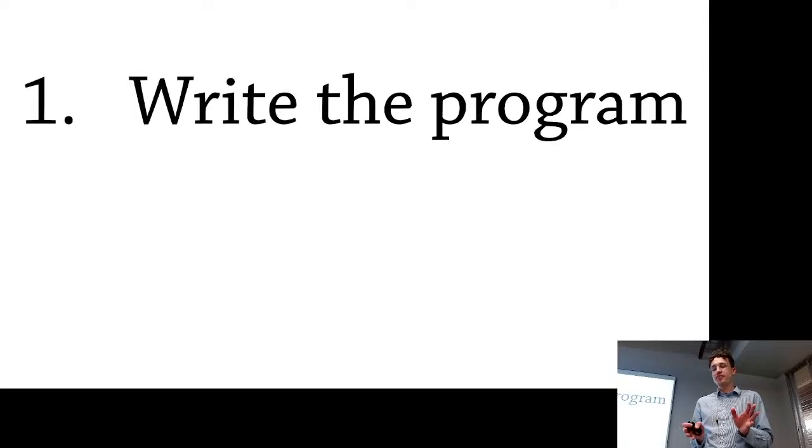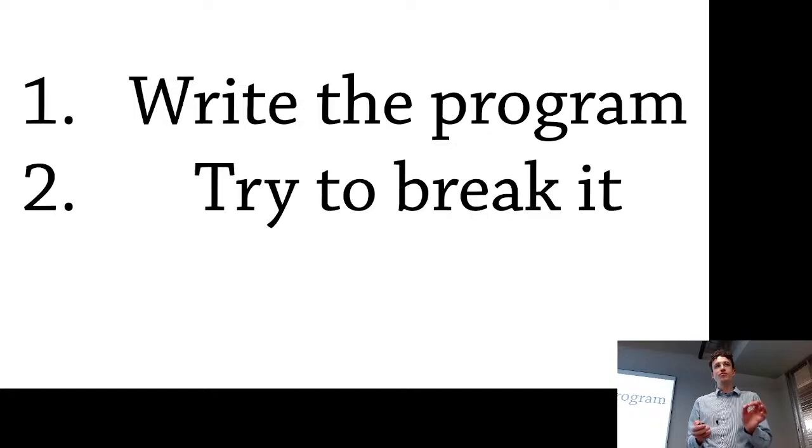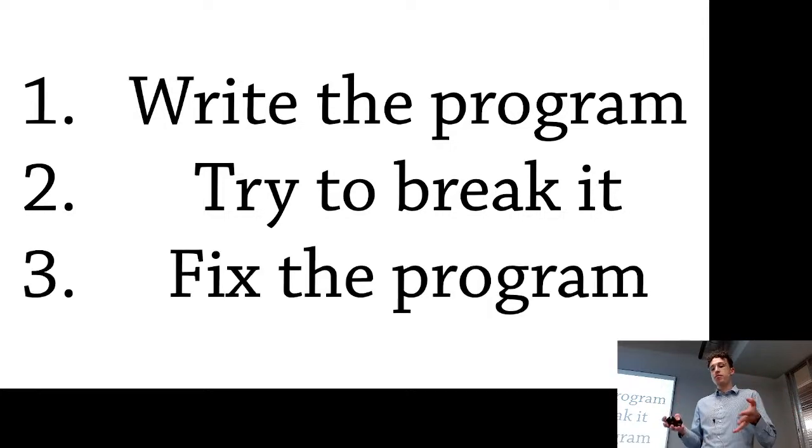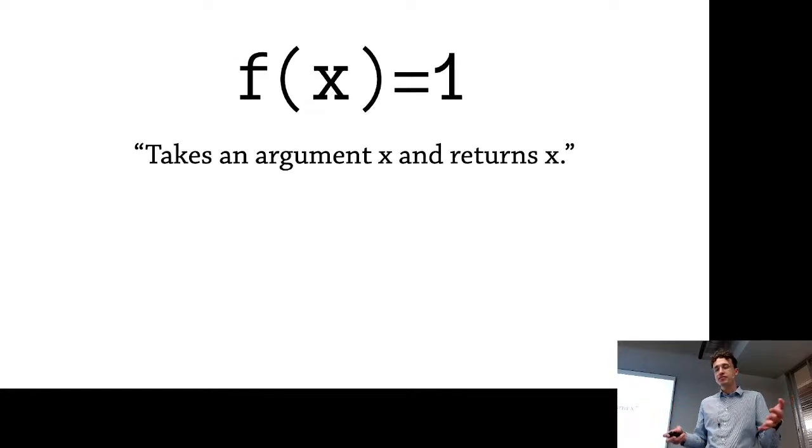So before specs, you wrote a program and then you sat down and you thought really hard, how do I break this program? And you start writing examples and then eventually you find a problem and then you fix the program. So for example, say we have a function that takes an argument x and returns 1, clearly does not, but let's just go with it.